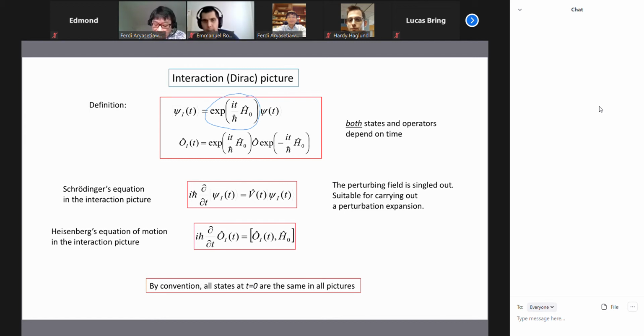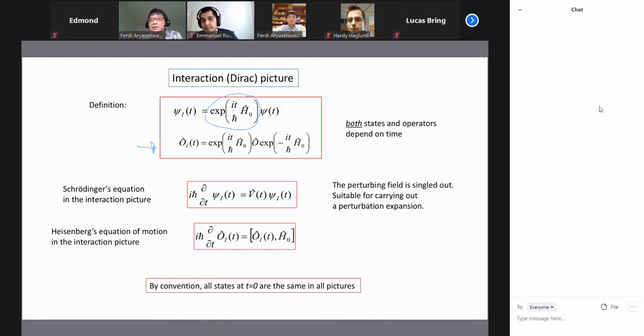And the corresponding operator then is transformed in this way here. And this is obtained by using the fact that expectation values of observables should be independent of the picture.